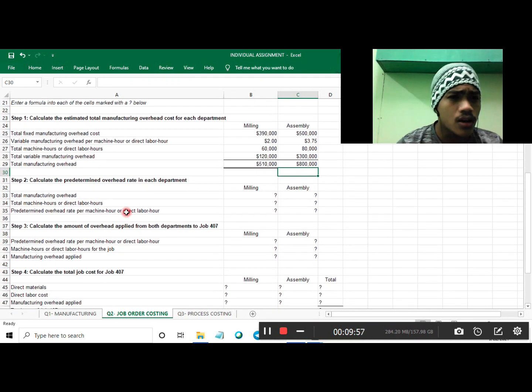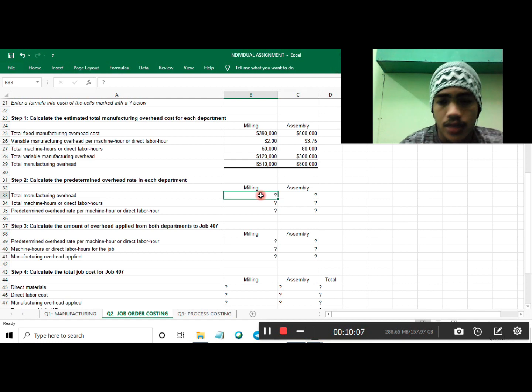For step 2, calculate the POHR in each department. The total manufacturing overhead we just take from step 1: 510,000 for mailing and 800,000 for assembly.